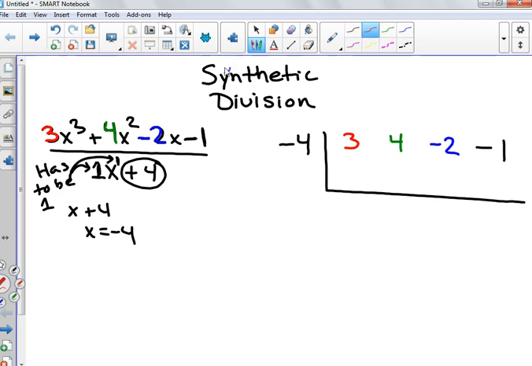First step, all you do is take the first number and bring it down. Okay, now you take that same number and you put it here after you multiply it by -4. This is times -4.